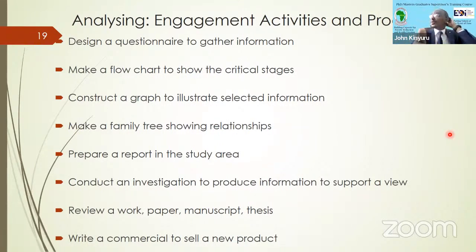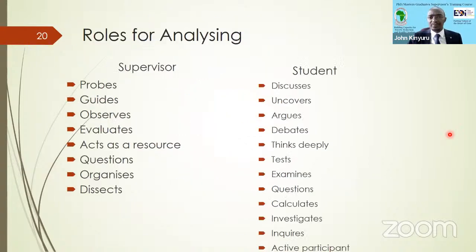This is for those in the humanities and social sciences. This is where you want them to write a commercial to sell a new product, for example. They have analyzed different determinants of selling this product, and now you want them to develop a commercial.